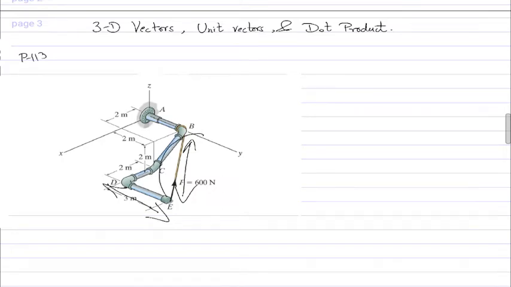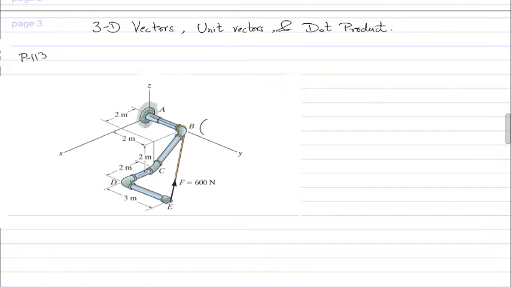So whenever you get these kinds of problems, the first thing I would do is find the three-dimensional coordinates of each of the points involved in the problem, or the points that are of interest. The points of interest here are points B, E, and D, right?